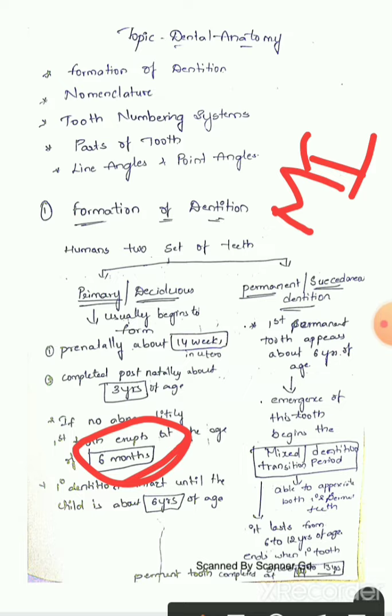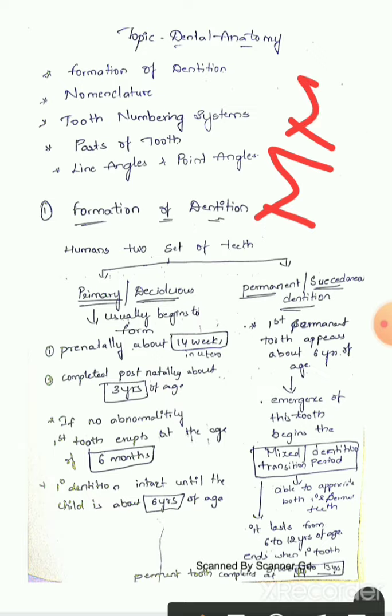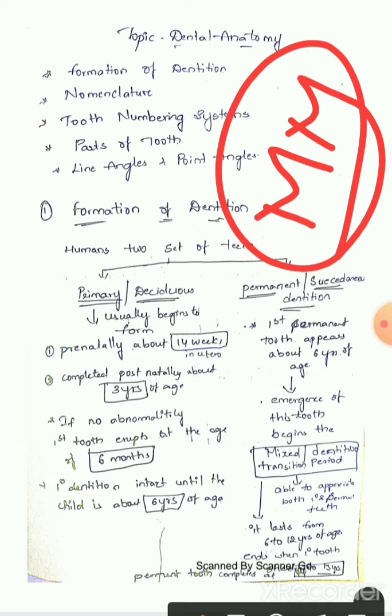After this, at 6 years we usually appreciate the appearance of mandibular molars. The emergence of the mandibular molar or any molar leads to the formation of mixed dentition or transition period.